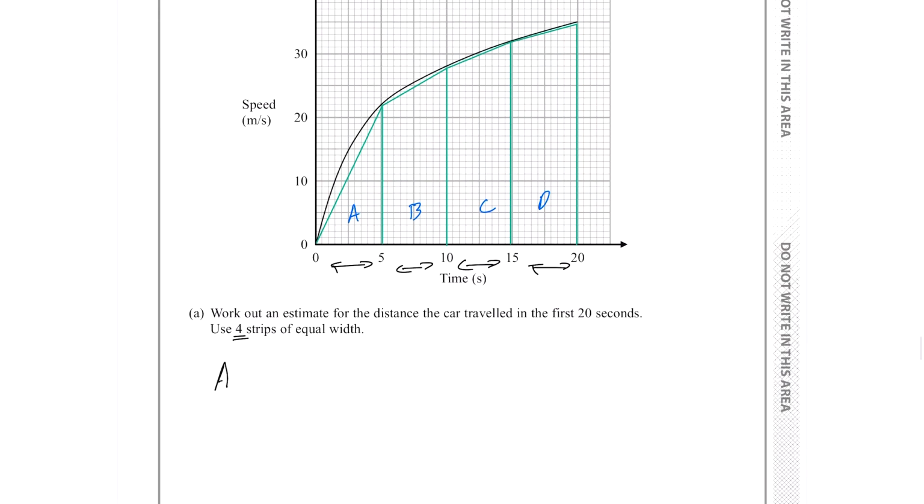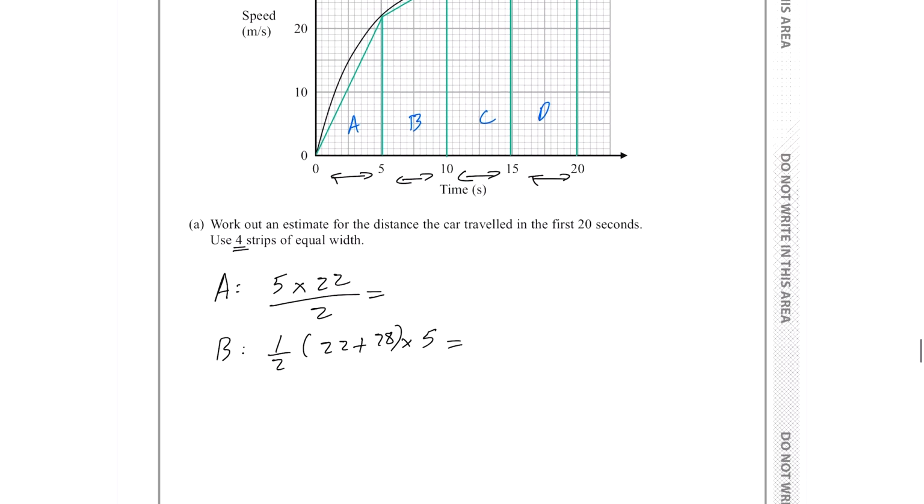So A is a triangle, which is base times height, so we know the base is 5. The height looks to me like it's 22, and we're going to divide that by 2. We're going to do the same with B, but this time it's a trapezium, so it'll be a half A plus B, so that's going to be 22 plus 28 times the height, which is 5.